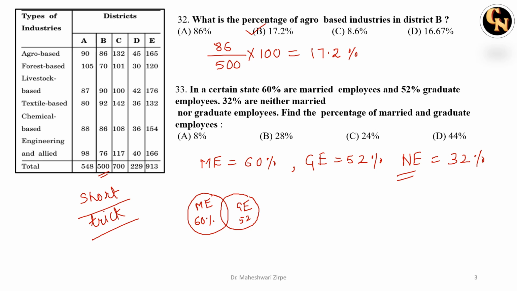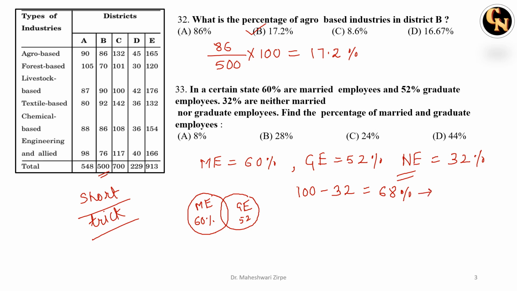So basically, suppose there are 100, this whole circle is 100. Out of 100, 32 are neither married nor graduate. That means how many? 68.